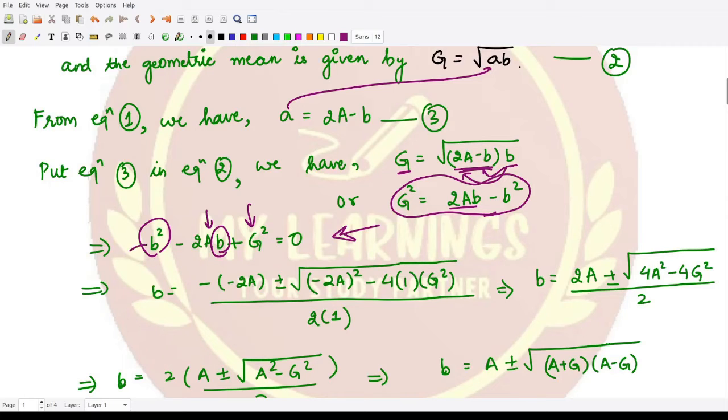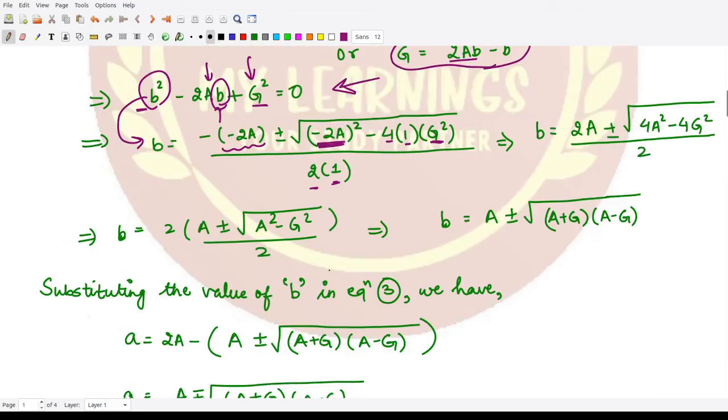So the value of the unknown would be equal to minus the coefficient of b, which is minus 2A, plus minus square root of the coefficient of b, which is minus 2A whole square, minus 4 into the coefficient of b square, which is 1, into the constant term, which is G square, divided by 2 into the coefficient of b square, which is 1.